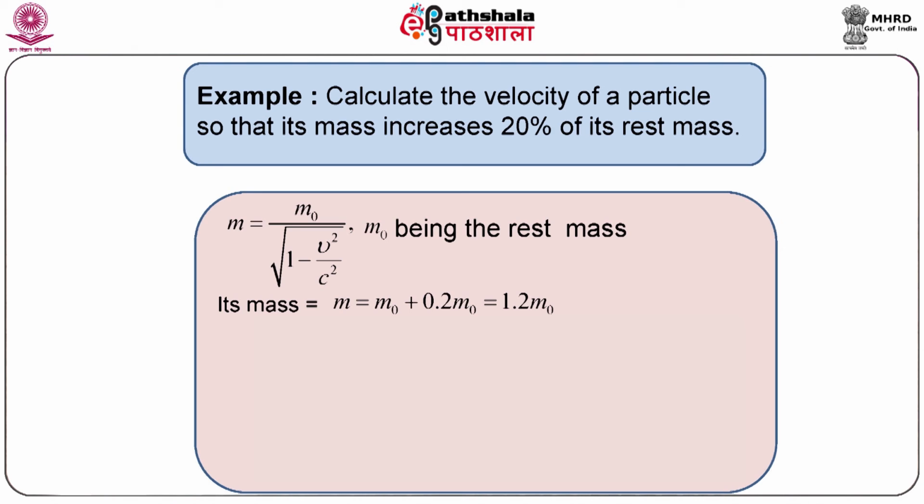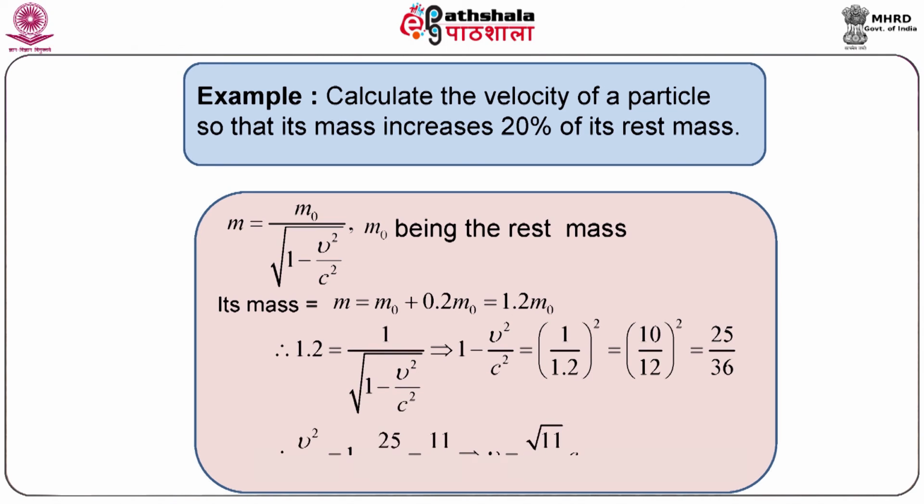It is given that mass increases by 20% of its rest mass. So m is equal to m0 plus 20% of rest mass, that is 0.2 into m0. Therefore, m is equal to 1.2 into m0.